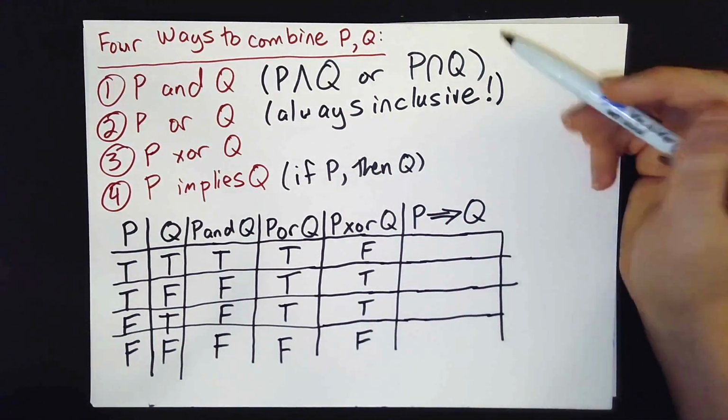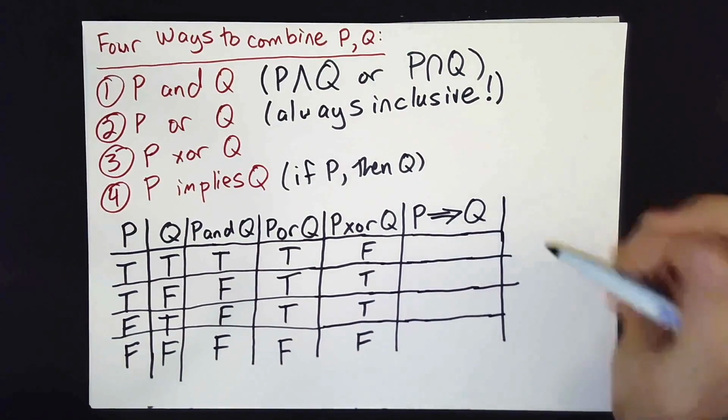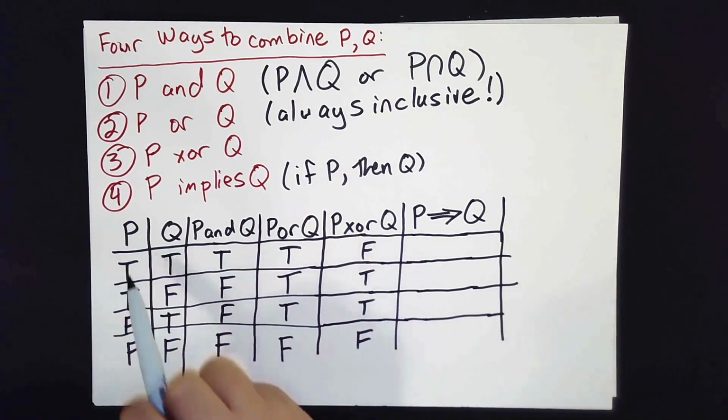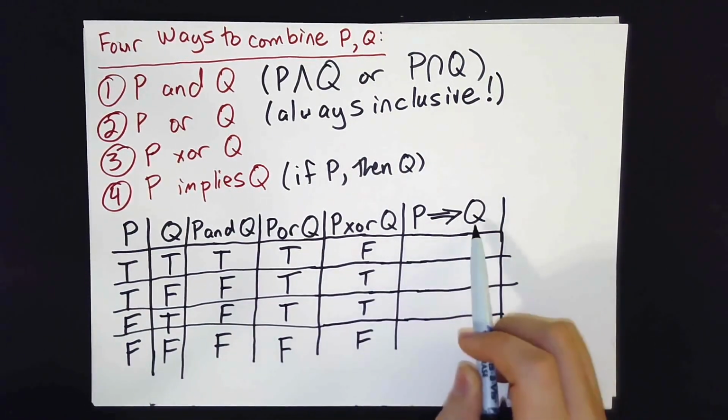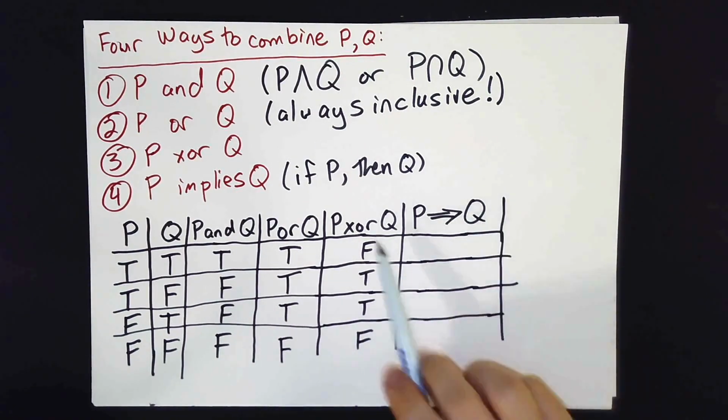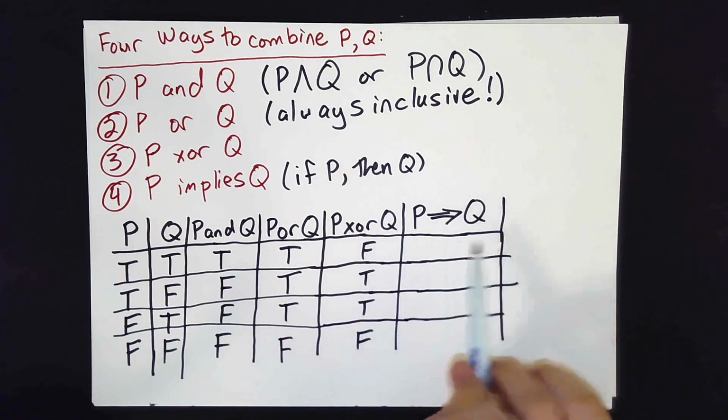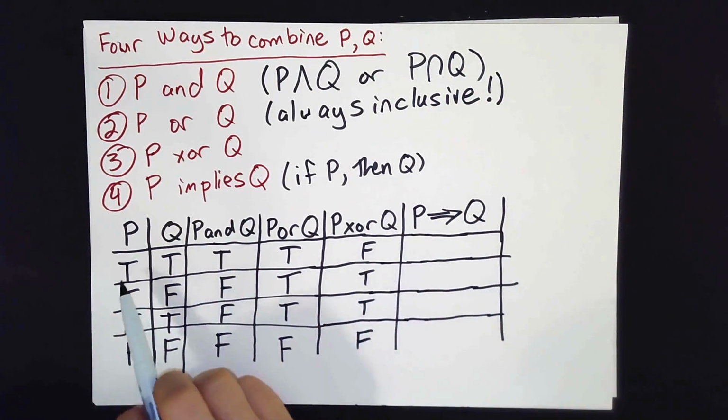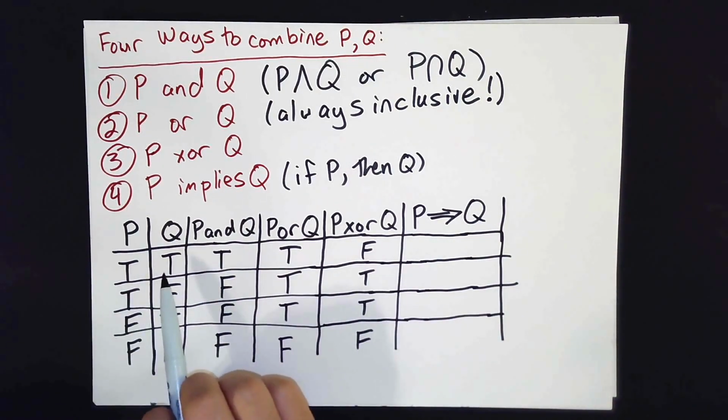So the first two lines here, we can kind of make sense of. So if P is true, then Q is true. That statement about the relationship between P and Q is definitely satisfied if both P and Q are true.